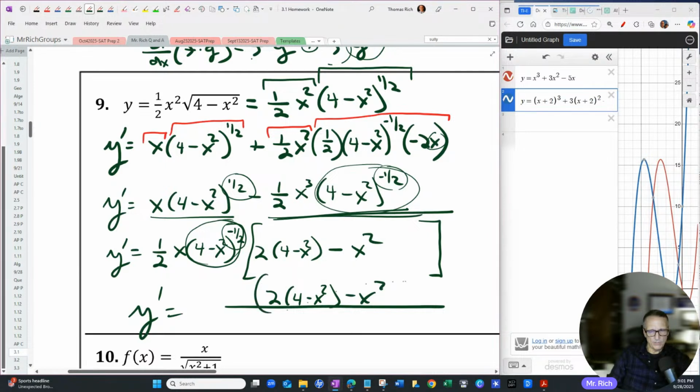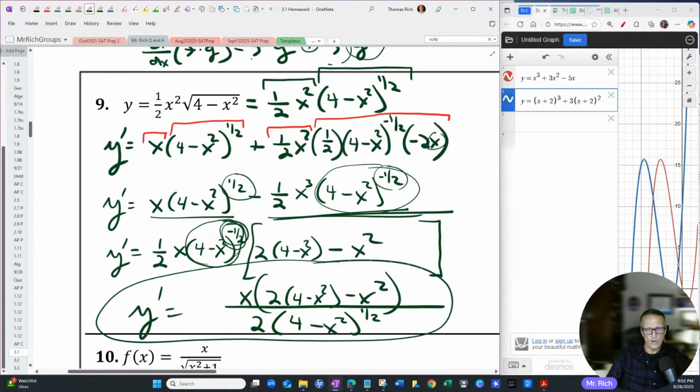That's going to leave me also an x up here. And then this 1/2 means there will be a 2 down here. And then this would be 4 minus x squared to the 1/2. Right? Because that factor can go down into the denominator.